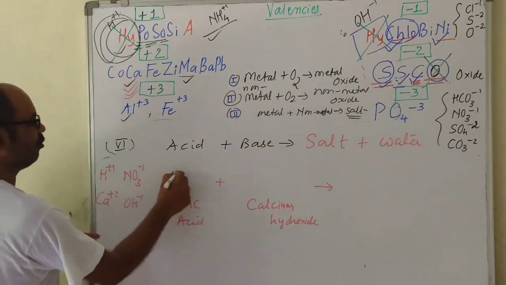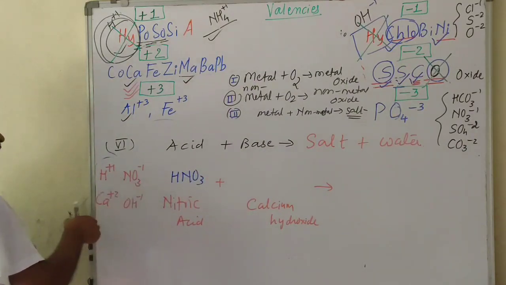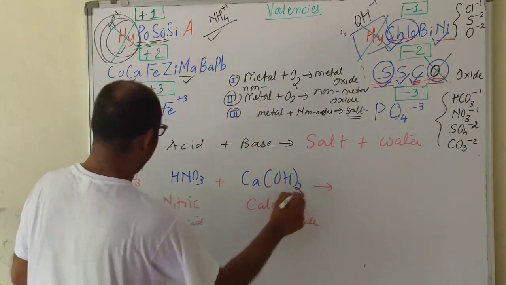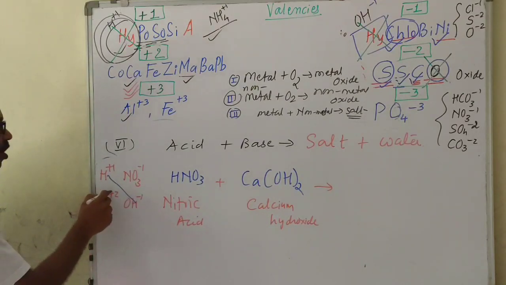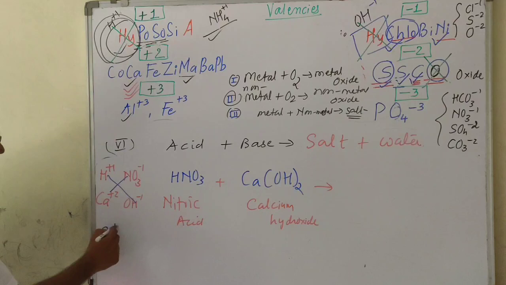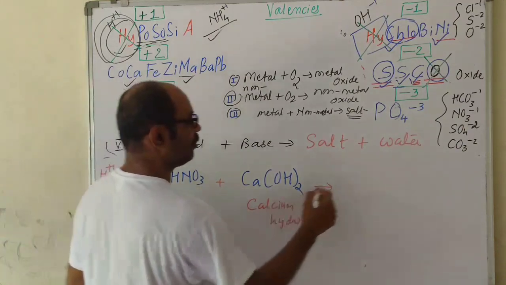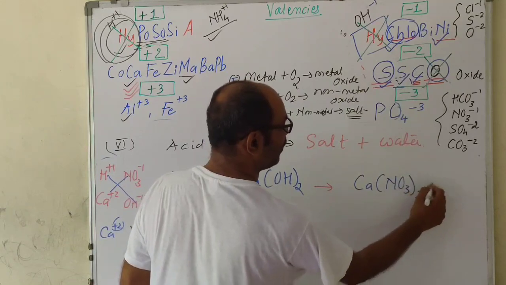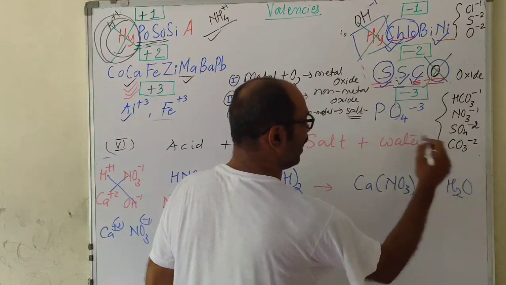+1 -1 सीधा जोड़ दो HNO3. या 2 and 1 क्रॉस करो Ca1OH twice. अब इसका फॉर्मूला HOH that is water और CaNO3 Ca+2 और NO3-1. वैलेंसीज आर नॉट सेम. क्रॉस करो Ca1NO3 twice. और this is HOH is nothing but water and formula right is H2O.